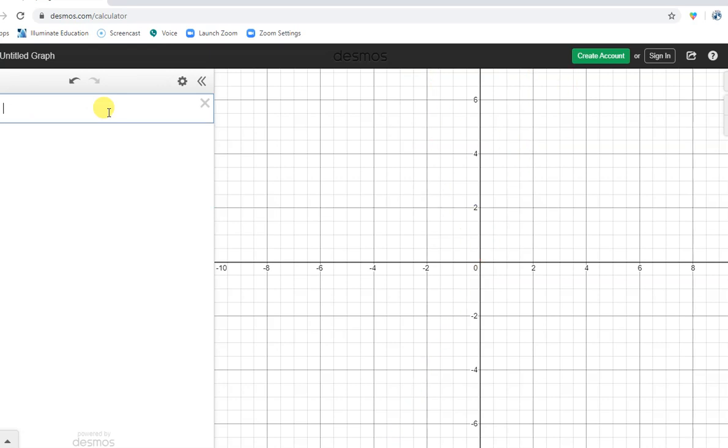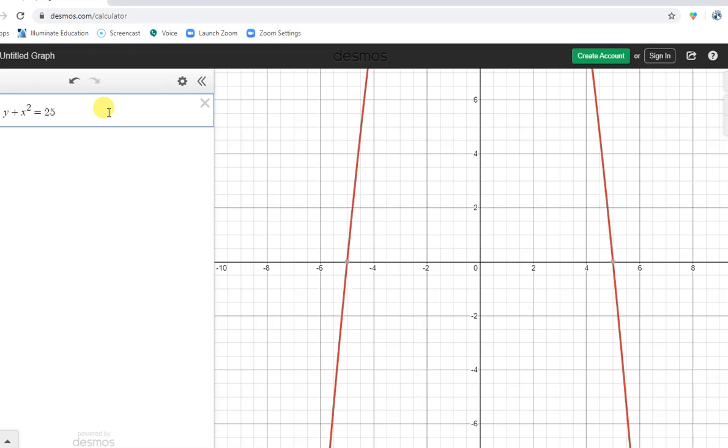So we're going to make it y plus x squared equals 25. Now, I know that seems a little weird that I just threw a y into it. What I really did, I should have gone x squared minus 25. It worked either way. Let's go back to this equation.